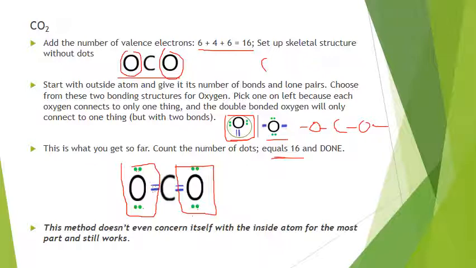And if you notice, carbon has 4 bonds. I kind of like this method because it's really going to be how we find things in the long run, especially when we do exceptions to the octet rule. So we don't even have to worry about the center atom.